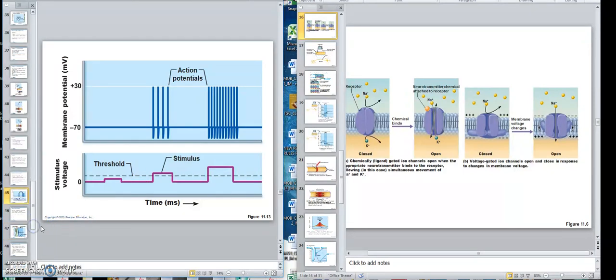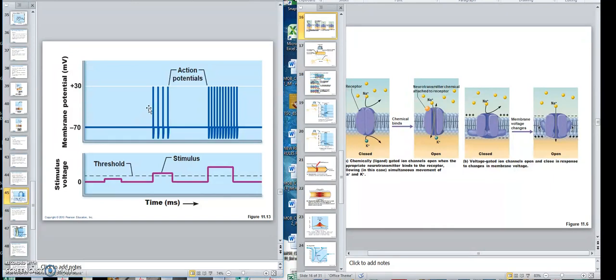Now, remember that action potentials are all or none. They only reach a certain height. So what I want to use this for is not what it's really being used for in a way, but I want to use it in this case. How do you code intensity?